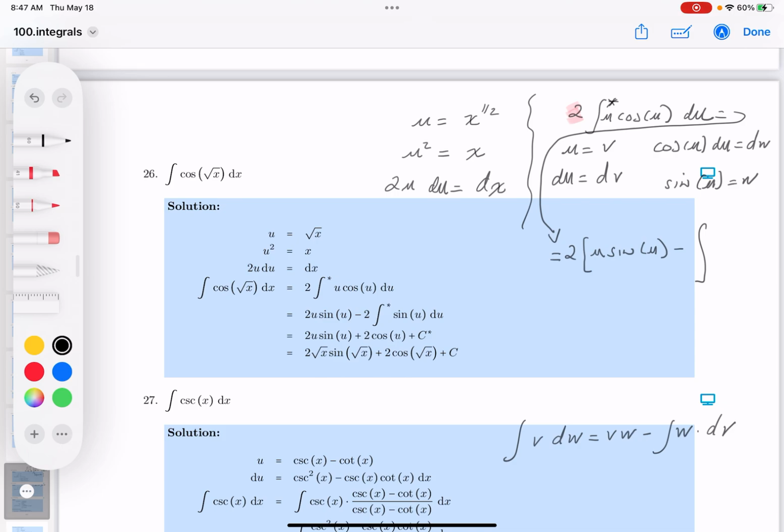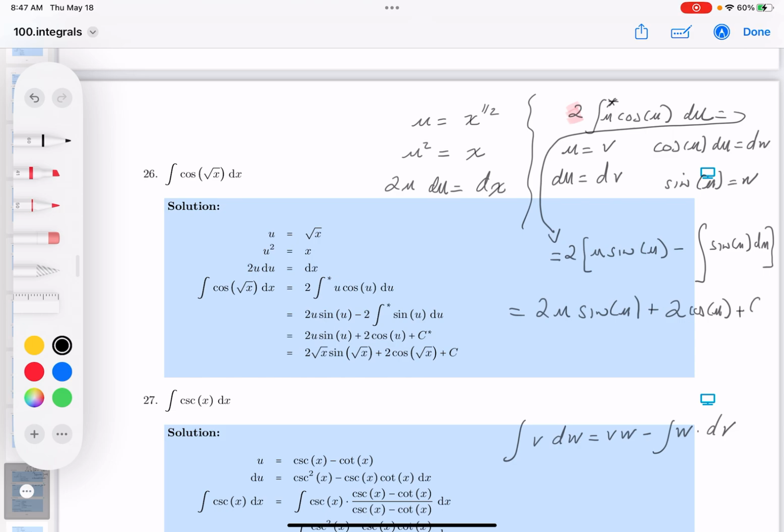It's sine of u. And now what's the dv? It's du. All right, I think I can move forward now. What do you get? 2u sine u minus 2. Well, that's going to be what then? That would be minus cosine, so it's going to be plus cosine now.